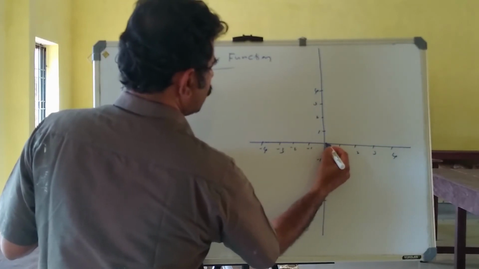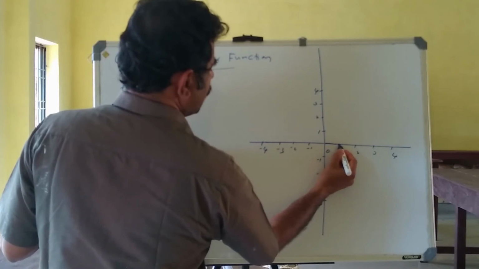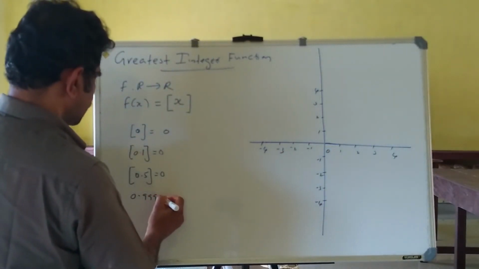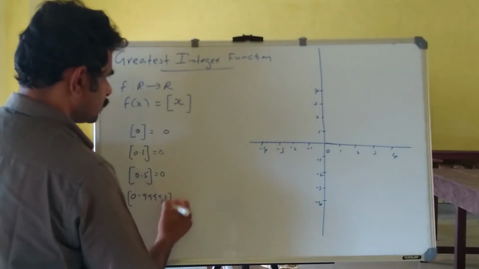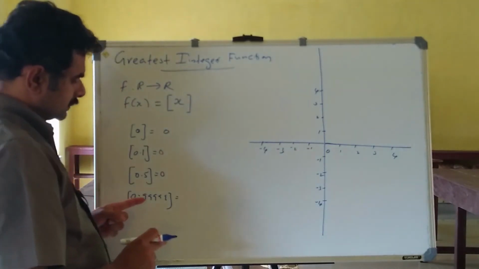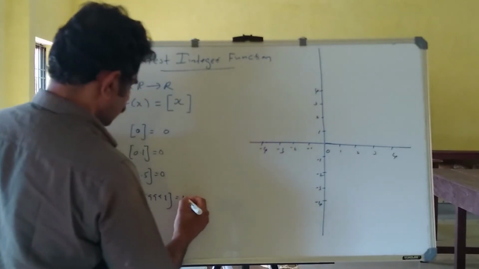So we can draw the line over this x-axis, and we are now at 0.9999, which is very close to this one. The greatest integer function of 0.9999, up to this, the greatest integer is what? 0.